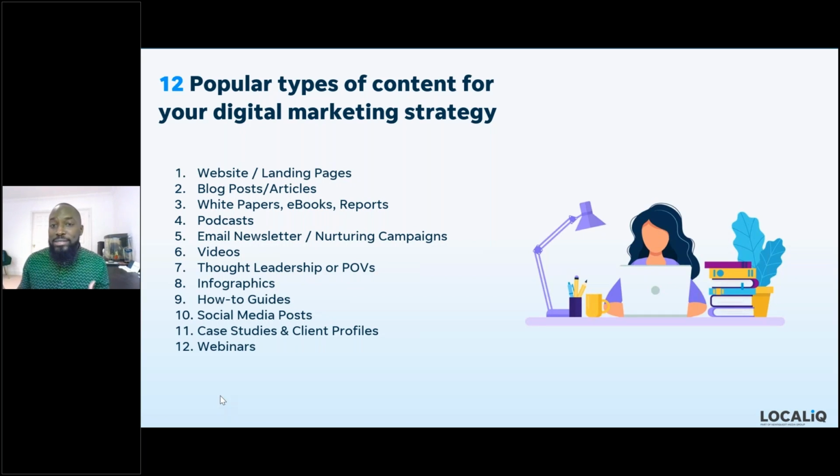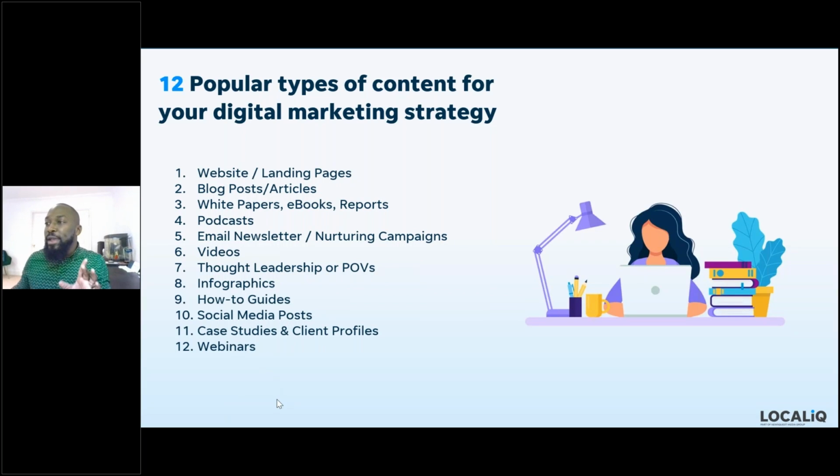And by creating content that's relevant and optimized for search engines, businesses not only increase their visibility, but they also build trust and connect with their audiences and their prospective customers at the same time. So in the end, great content can turn a casual visitor into a loyal customer for your business if you do it right.